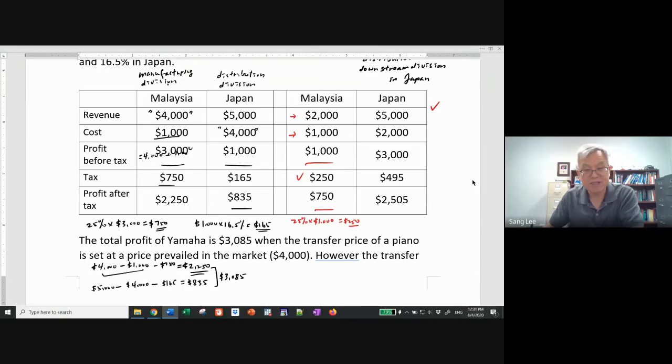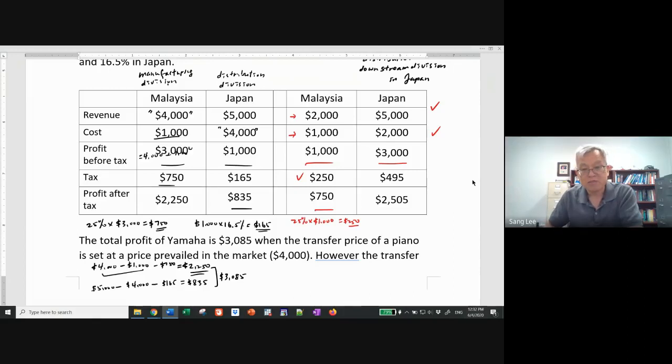Now, the retail price of the piano is still $5,000. But this time, the distribution division will make a lot more profit. Why? Because the price it pays to the manufacturing division is much smaller than before, only $2,000. So now the distribution division is making a much larger profit. Retail price minus transfer price, cost, so $3,000.